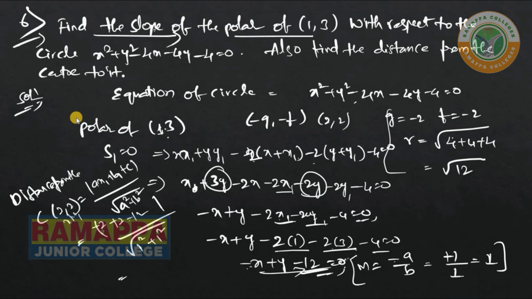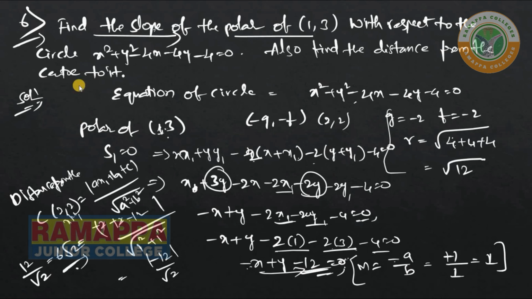Minus 2 plus 2 will get cancelled, minus 12 by root 2, mod of. It will become 12 by root 2, and it will become 6 root 2. So this is the answer of this question here.